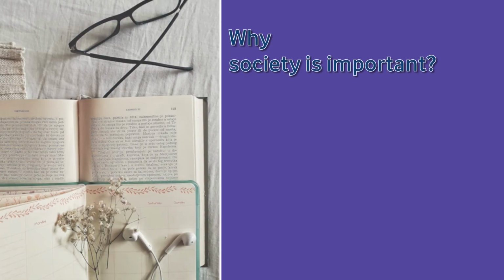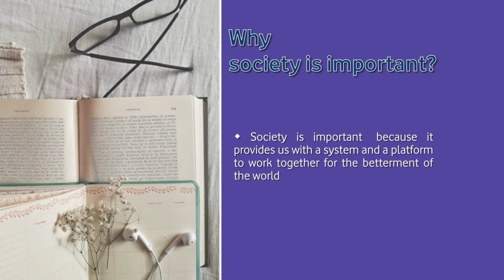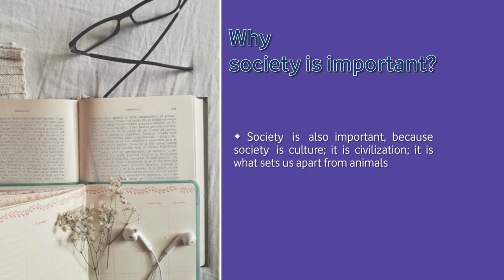And why is society important? Society is important because it provides us with a system and a platform to work together for the betterment of the world. Society is also culture. It is civilization. It is what sets us apart from animals.